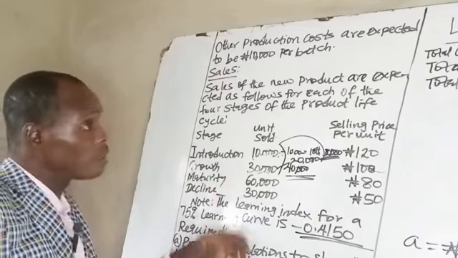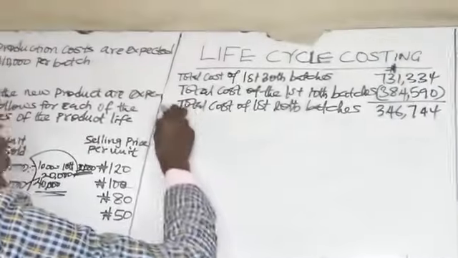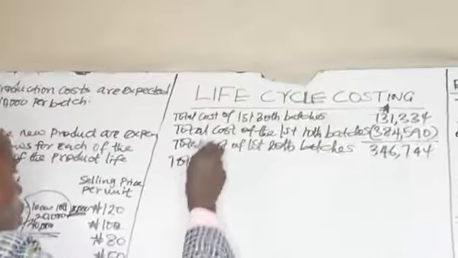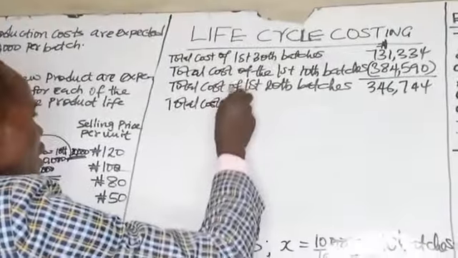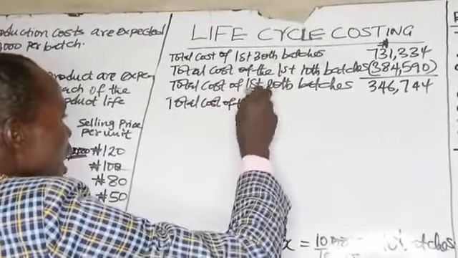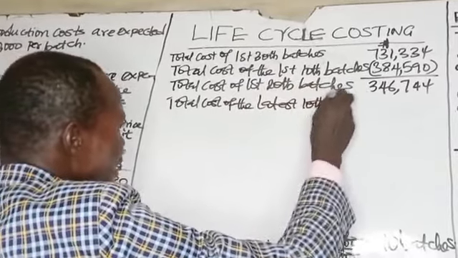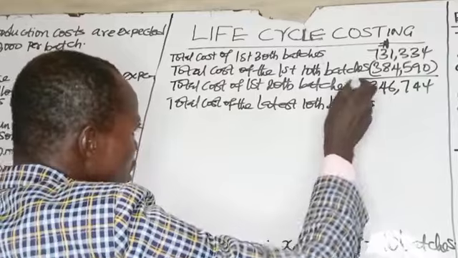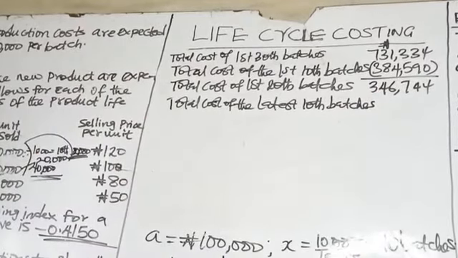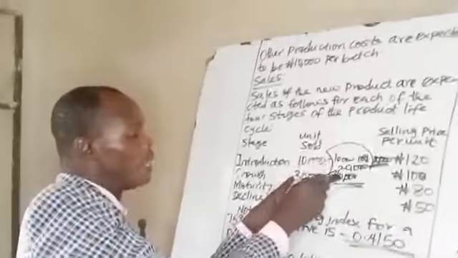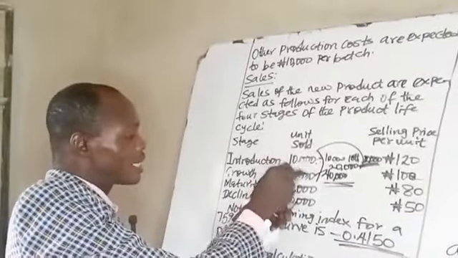Learning is no longer in progress. So the total cost of the latest 10 batches, the latest one, that is additional 10,000 here, to make this 40,000.